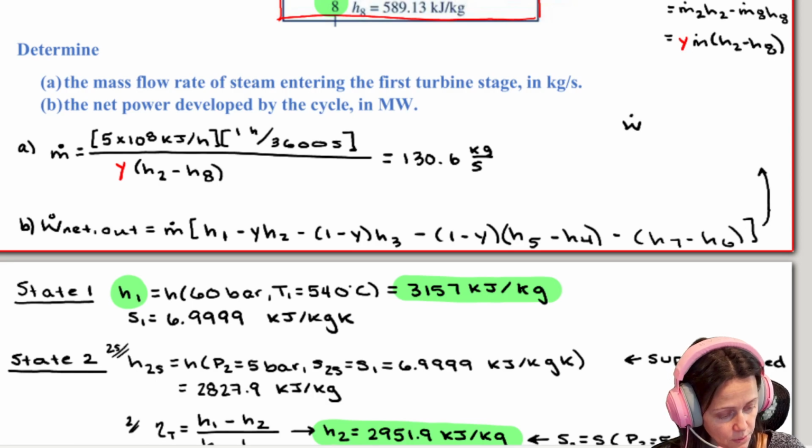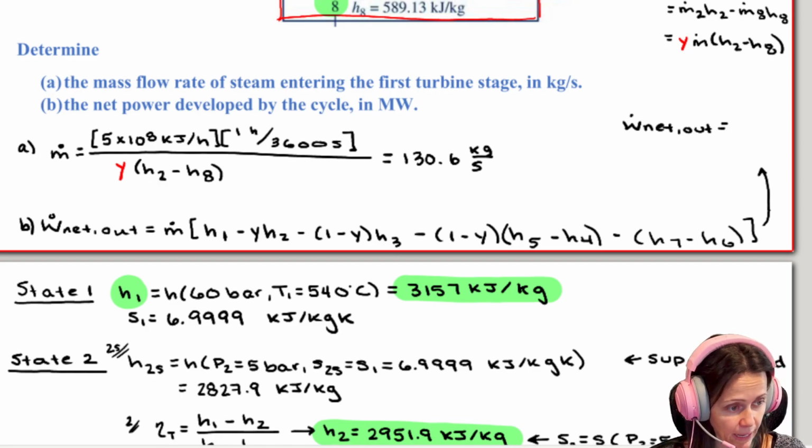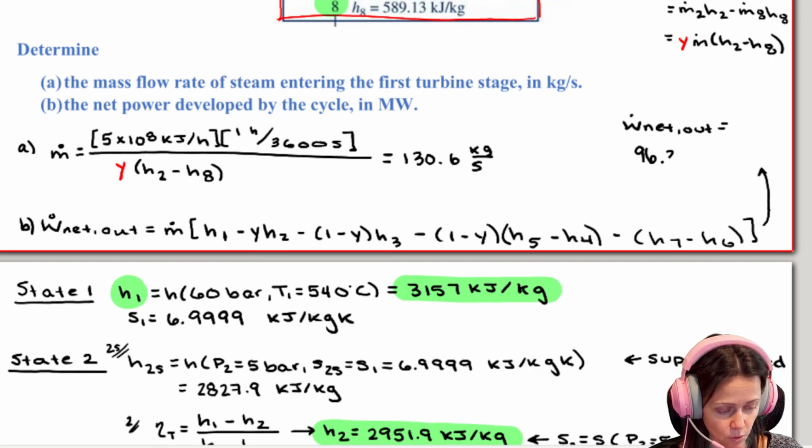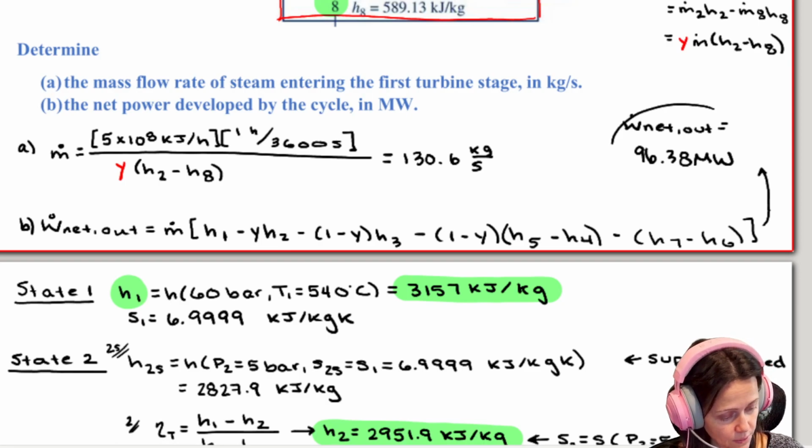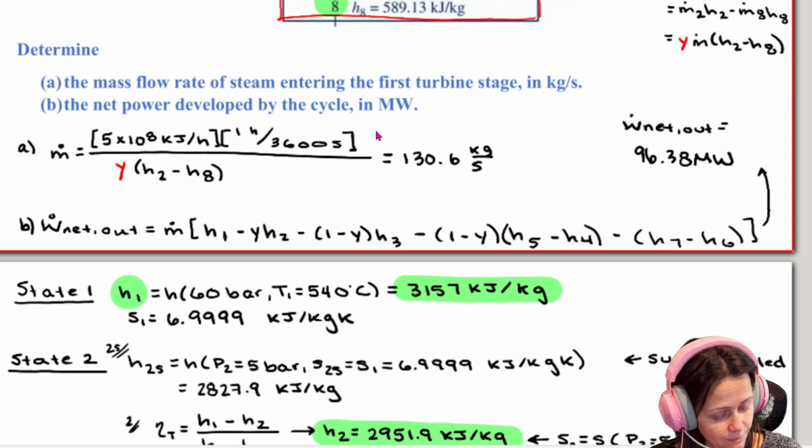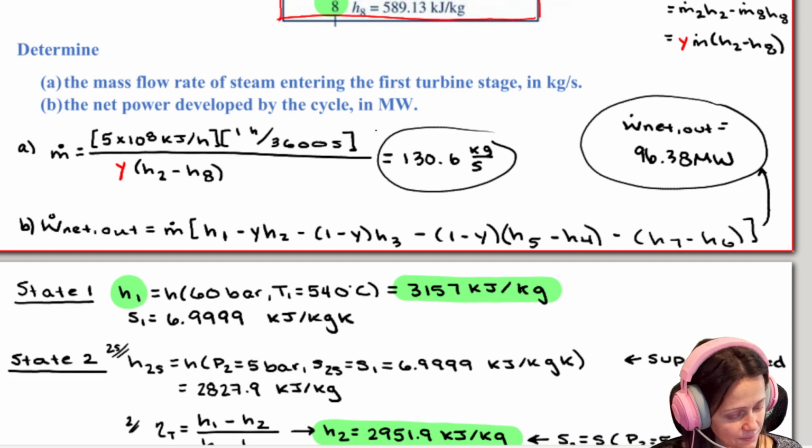So my W dot net out, you'll calculate it in kilopascal, I'm sorry, not kilopascals, but kilowatts. You need to put it in megawatts. I've got 96.8 megawatts here.